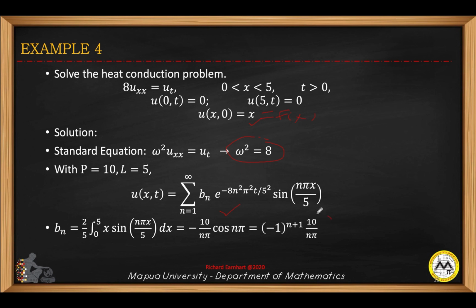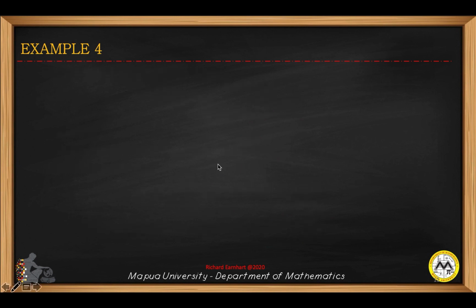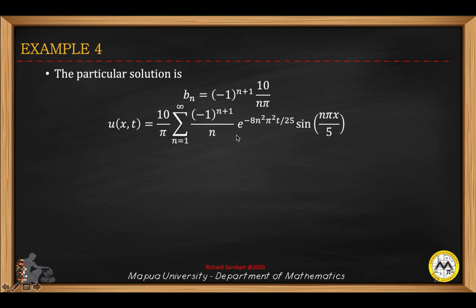Then we substitute this in the general solution to get the particular solution. You can factor out 10 over pi, so negative 1 raised to n plus 1 over n, times e to the negative n squared pi squared t over 25, times sine n pi x over 5. So this is the particular solution of the heat conduction problem.